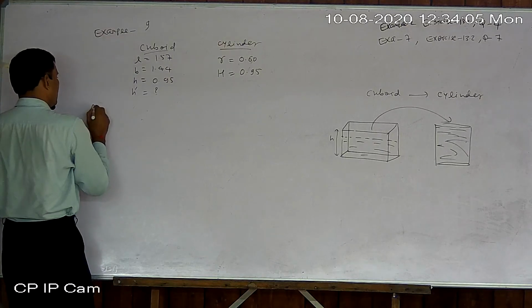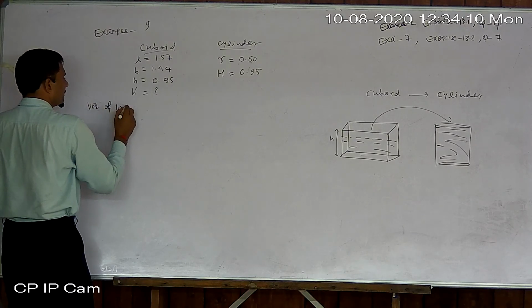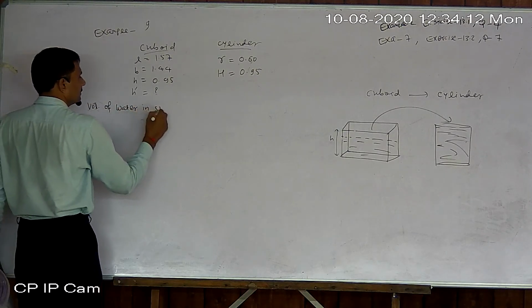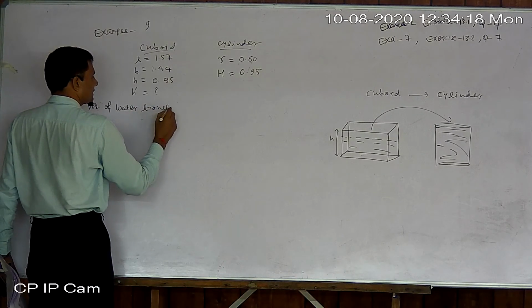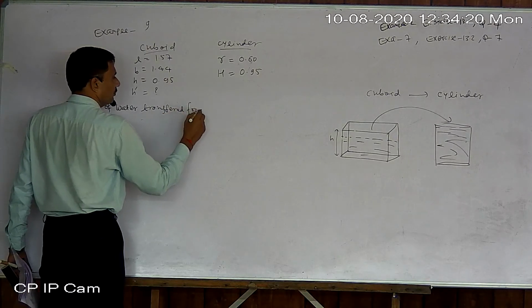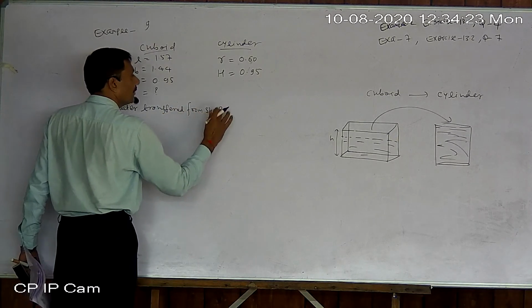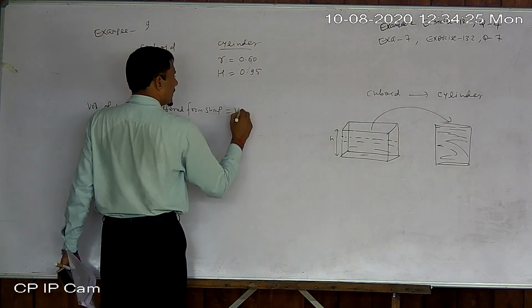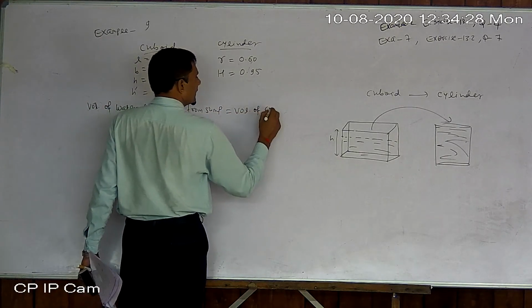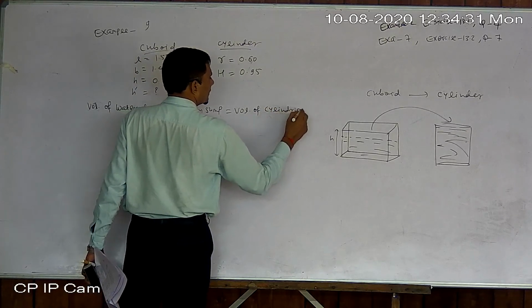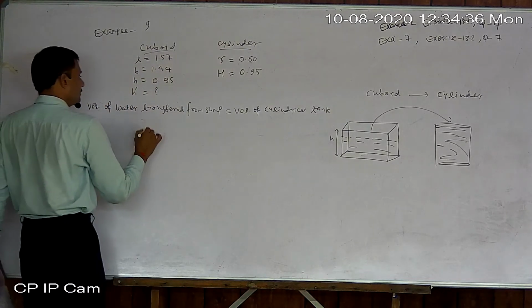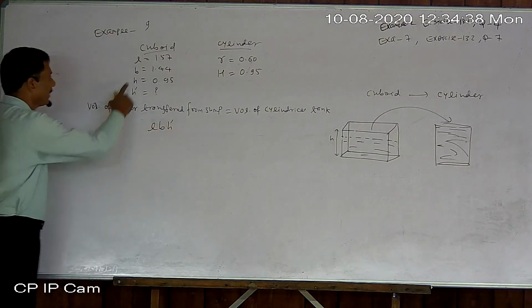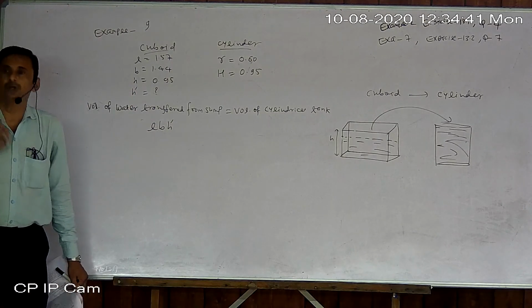The volume of water transferred from the cuboidal sump is equal to the volume of the cylindrical tank, because that is completely filled. So now you have to use L B H prime, not H. It is not useful right now.